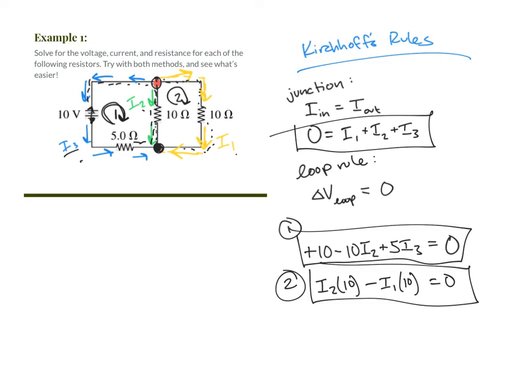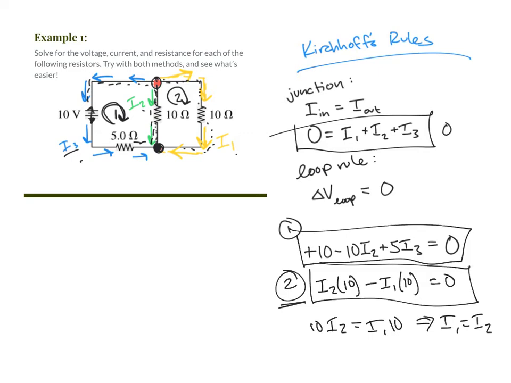What you can see is that from equation number 2, I2 times 10 equals I1 times 10, which means I1 equals I2. Awesome. So what I'm going to do is everywhere there's an I2, I'm just going to replace it with I1.